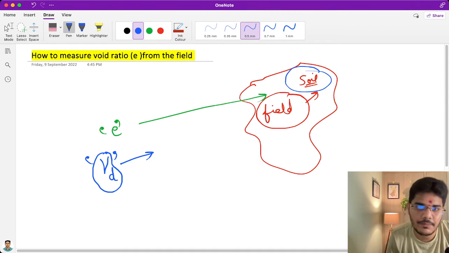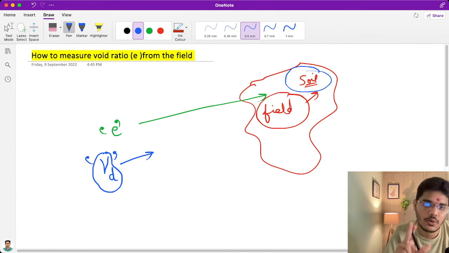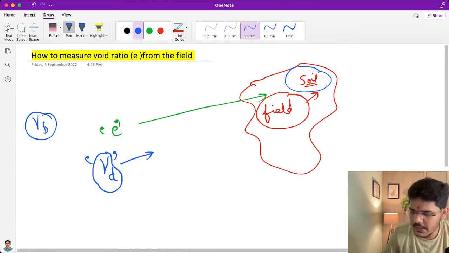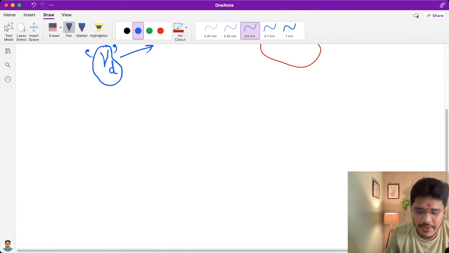From the field we actually get gamma B only, the bulk unit weight. We will also find the water content, and gamma D can be found out.